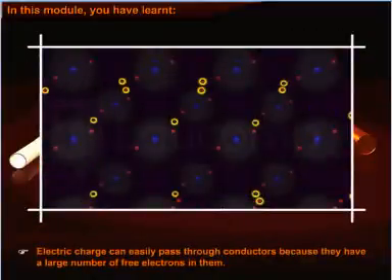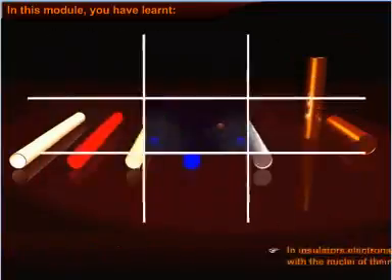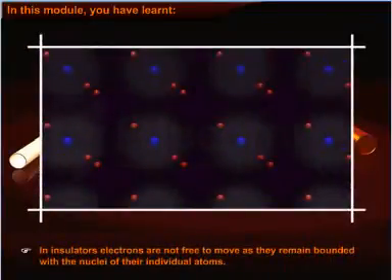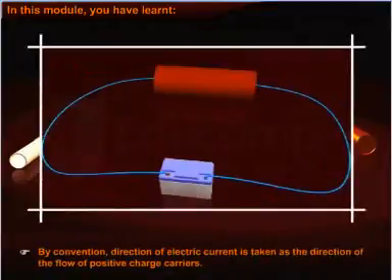Electric charge can easily pass through conductors because they have a large number of free electrons in them. In insulators, electrons are not free to move, as they remain bounded with the nuclei of their individual atoms. By convention, direction of electric current is taken as the direction of the flow of positive charge carriers.